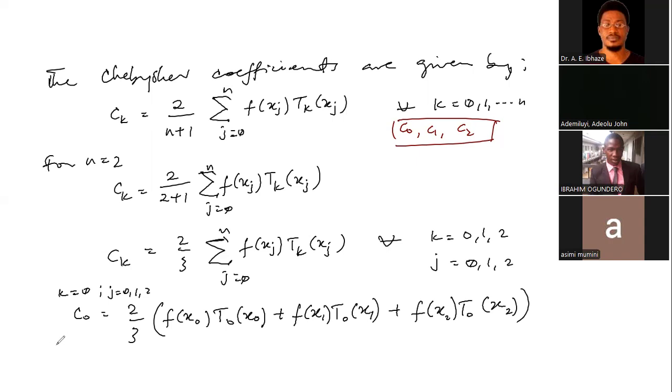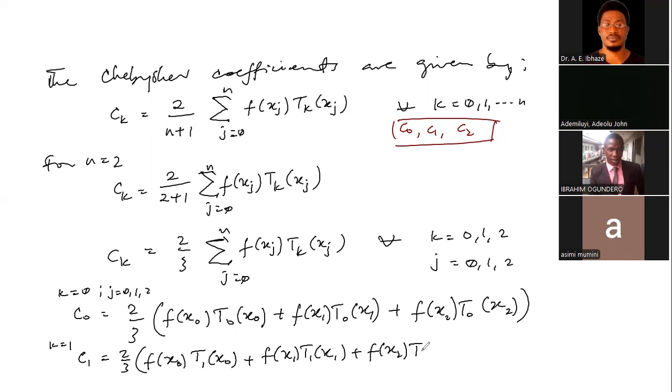So let us try for k equal to 1. We now have C1 being the same as 2 over 3, bracket f of s0, T1 of s0, plus f of s1, T1 of s1, plus f of s2, T1 of s2.